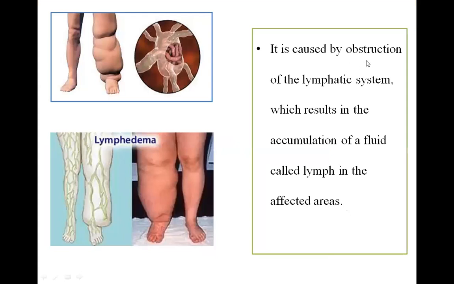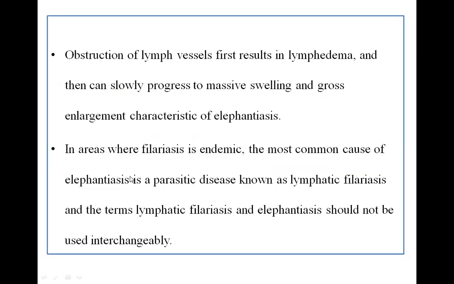It is caused by the obstruction of the lymphatic system, which results in the accumulation of fluid called lymph in the affected area. So lymphedema is there. Obstruction of the lymph vessel first results in the lymphedema and then can slowly progress to massive swelling and gross enlargement characteristic of elephantiasis.